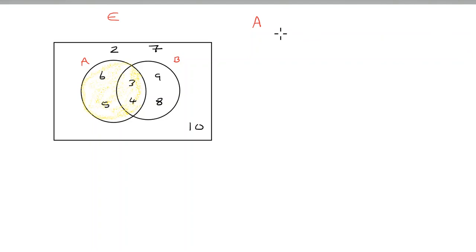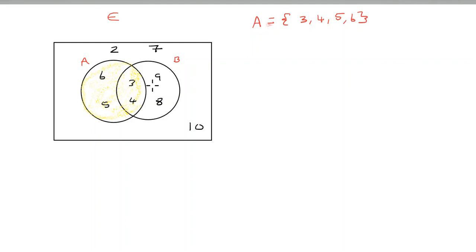So the set A is equal to, and then you just use your brackets, the elements 3, 4, 5, and 6. Really simple. That's all the elements in A.